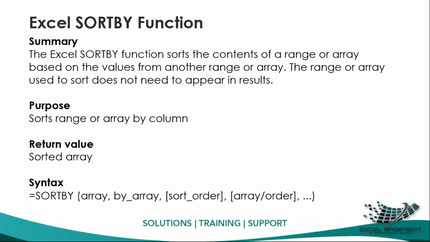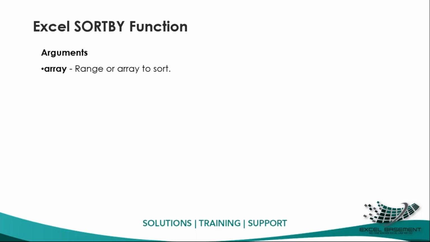Syntax, we need to understand the syntax. There are more than four function arguments to it. The first one is array, which is compulsory, then the by array, which is also compulsory, and the remaining are optional. The array means a range or a group of cells to sort.